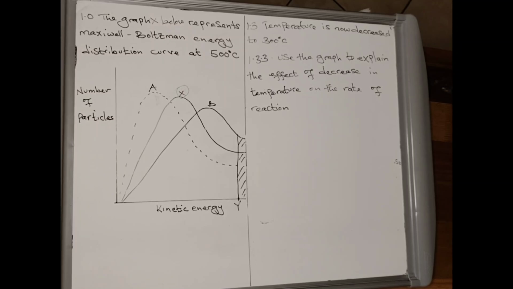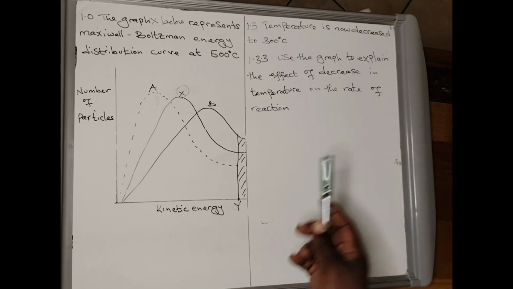Okay. Then comes this question 1.33. It says, use the graph to explain the effect of decrease in temperature on the rate of reaction. So how do you answer this one?